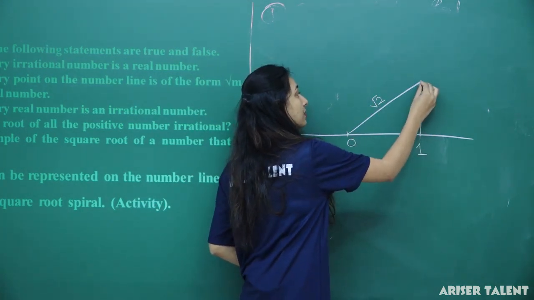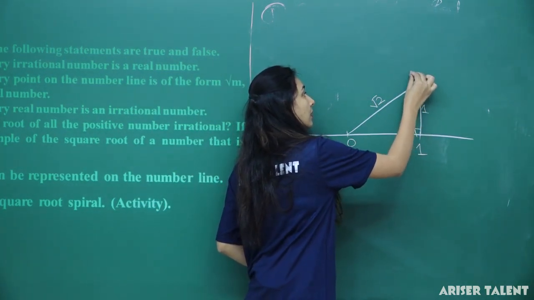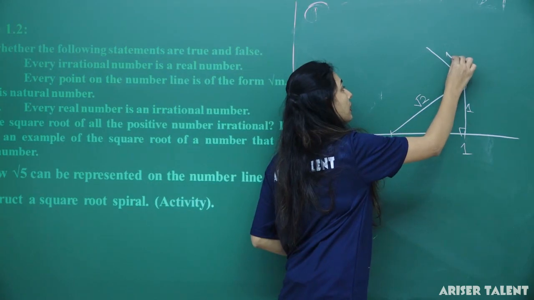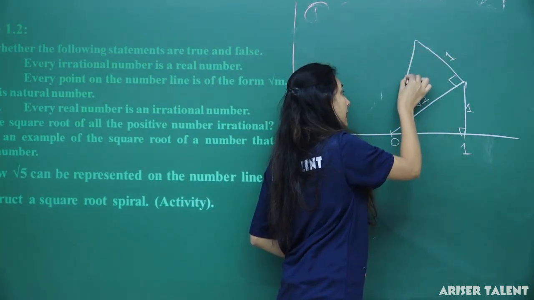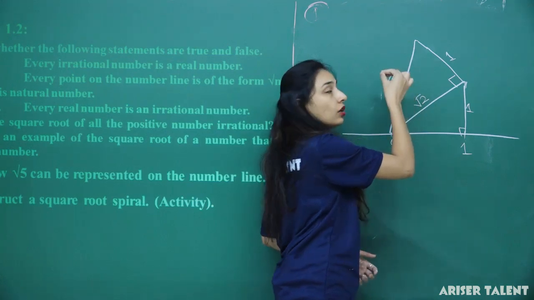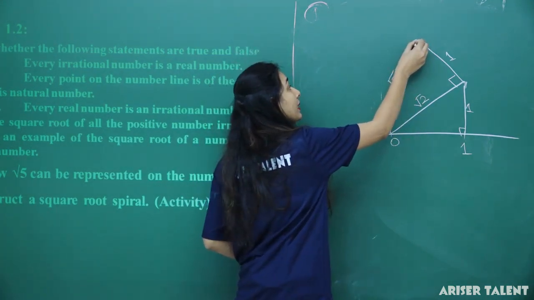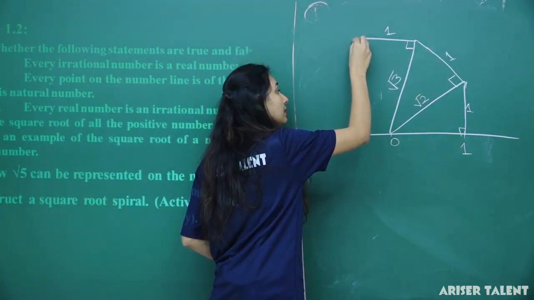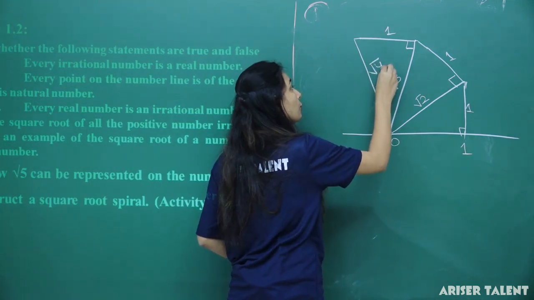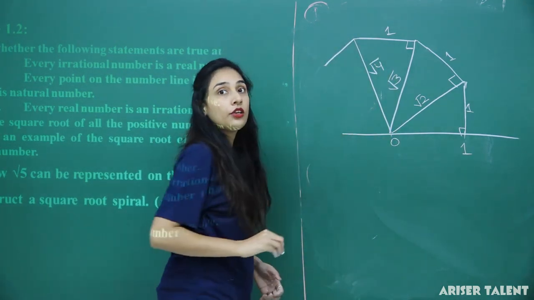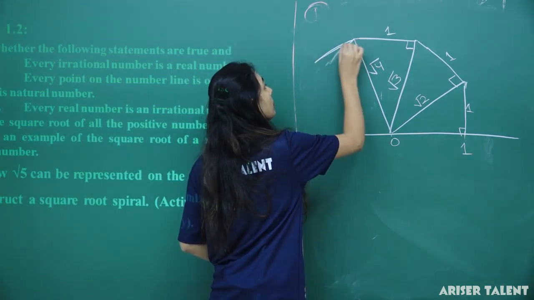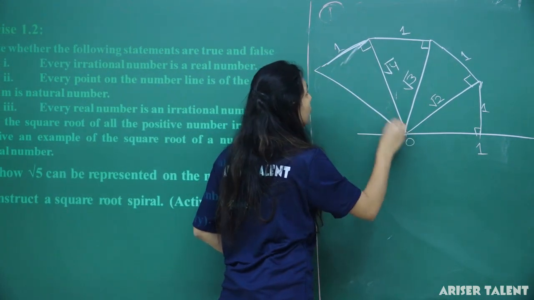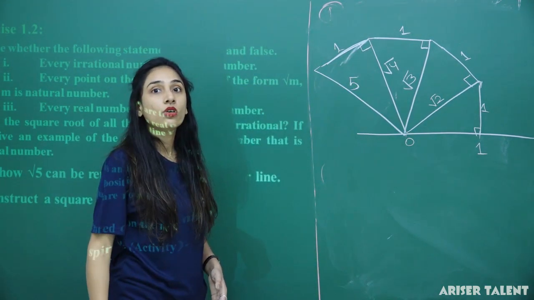Then you make a perpendicular of unit length, and that will be root 3. Again you make a perpendicular of unit length and meet the points, that will be root 4. Again you take a perpendicular of unit length and meet this to that. Now that will be root 5.